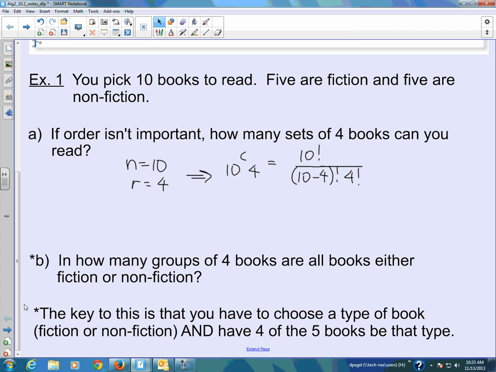Remember, factorial is just 10 times 9 all the way down to 1. If we put this into our calculator, which most scientific calculators have the ability to do, 10C4 would be 210. So we have 210 different ways that I can pull 4 books out.